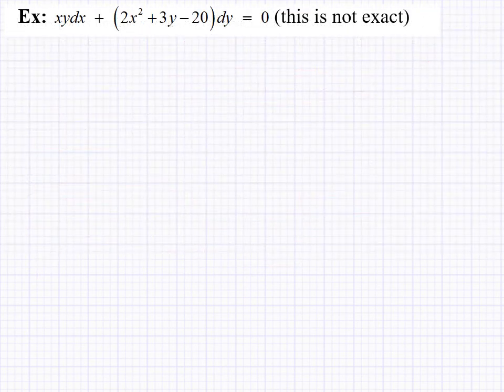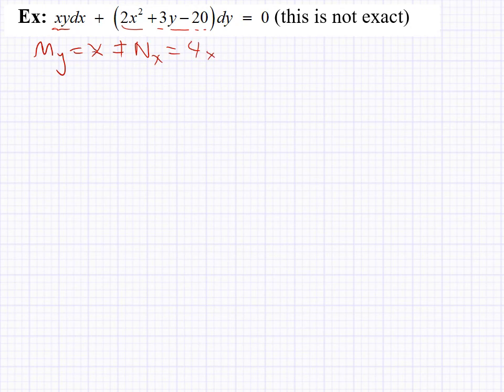So let's look at this one here. First, here's M, here's N. This is not exact. My, which would just be x, does not equal Nx, which would be 4x plus 0 plus 0. So clearly they're not equal to each other. However, if I look at these and do a couple of different derivatives, I have M, which is xy, and N, which is 2x squared plus 3y minus 20.